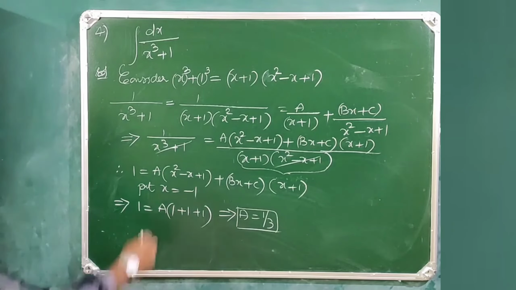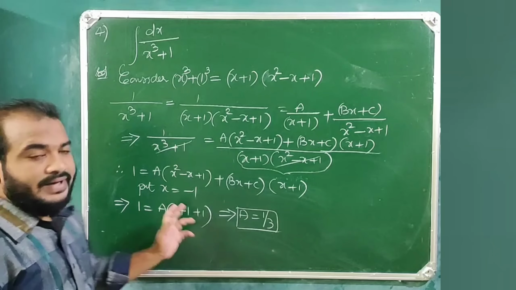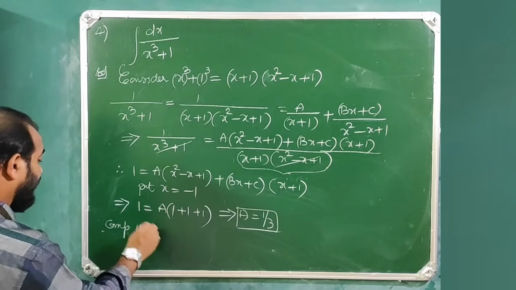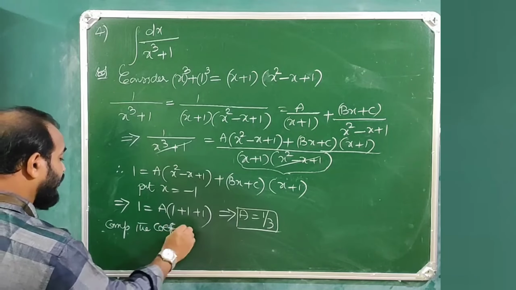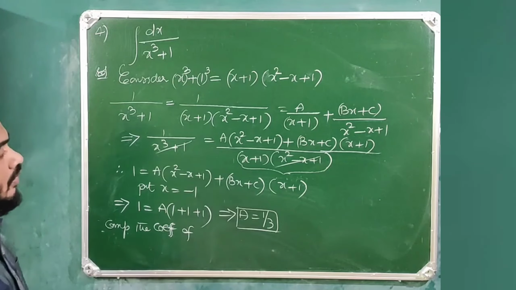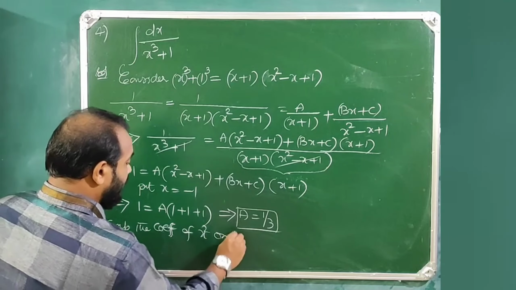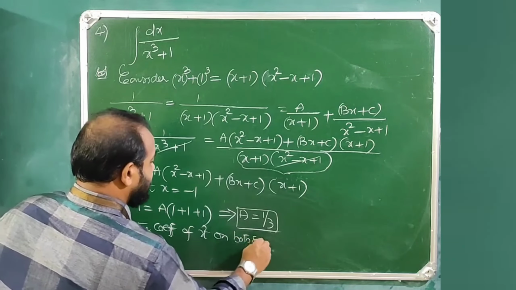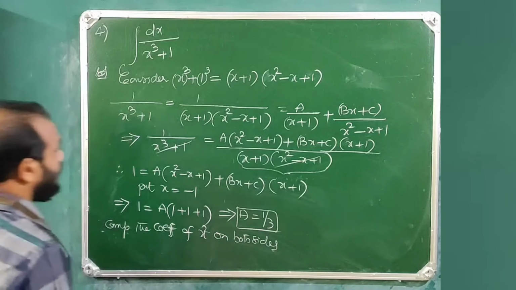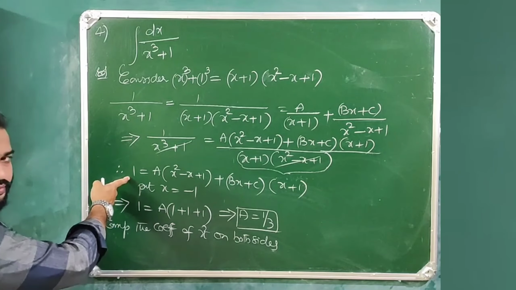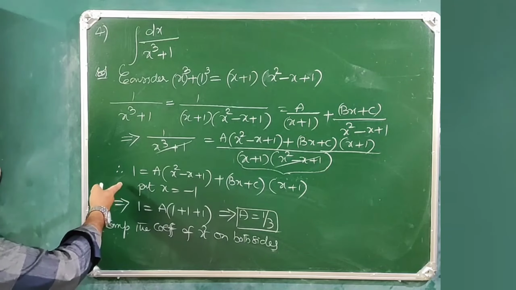Likewise, now let us compare the coefficient of x square on both sides. The x square coefficient on the LHS is 0 because we don't have any x square term.